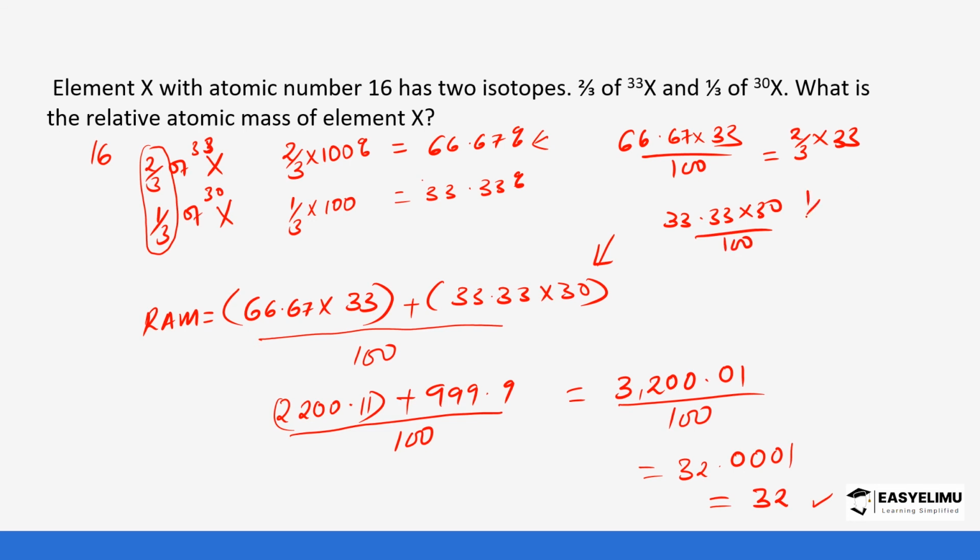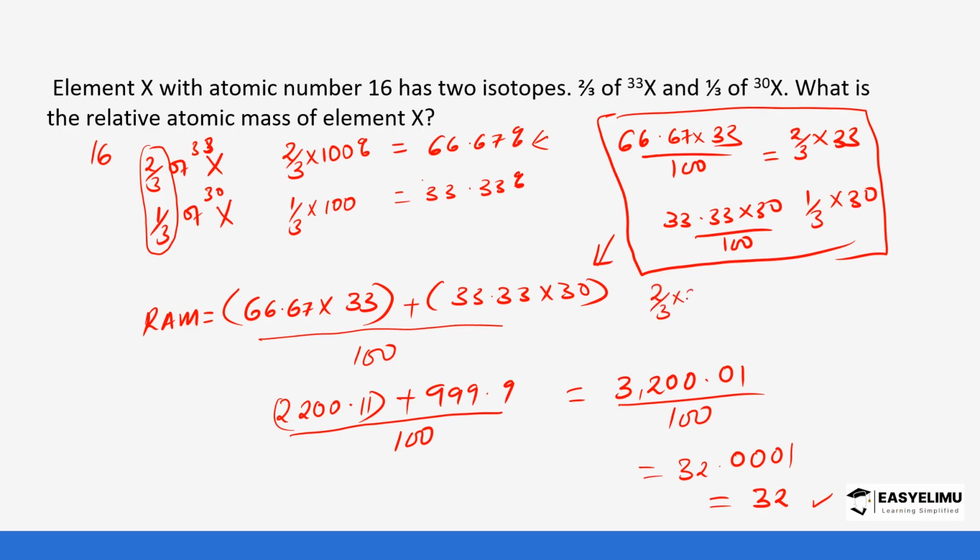So you do not have to go to this long method. You can choose to use the fractions as they are, and you still get your answer. It would be 2 over 3 times 33, plus a third times 30, and you get your final answer. You don't have to divide by 100 because it has already been worked out.